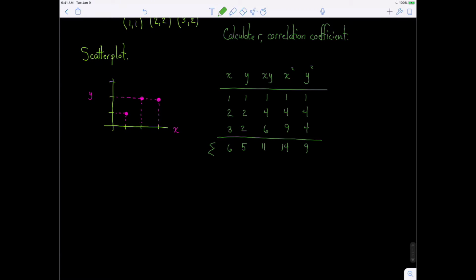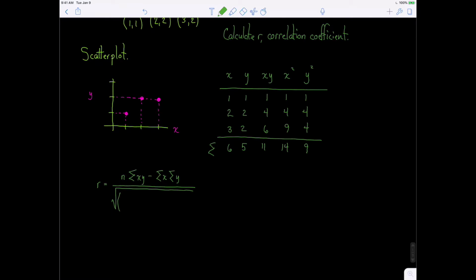Let's remember our formula. Our formula for R is n, and remember, n is the number of ordered pairs, which in this case is 3. So it's n times the sum of the xy's minus the sum of the x's times the sum of the y's, divided by this big square root.